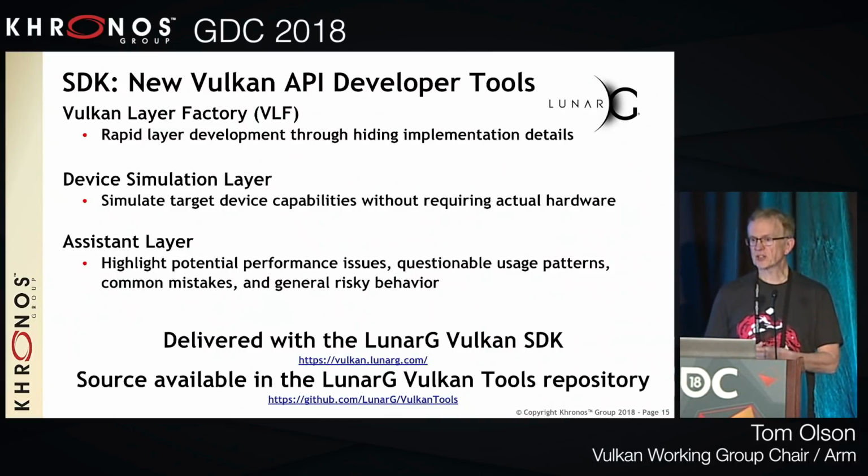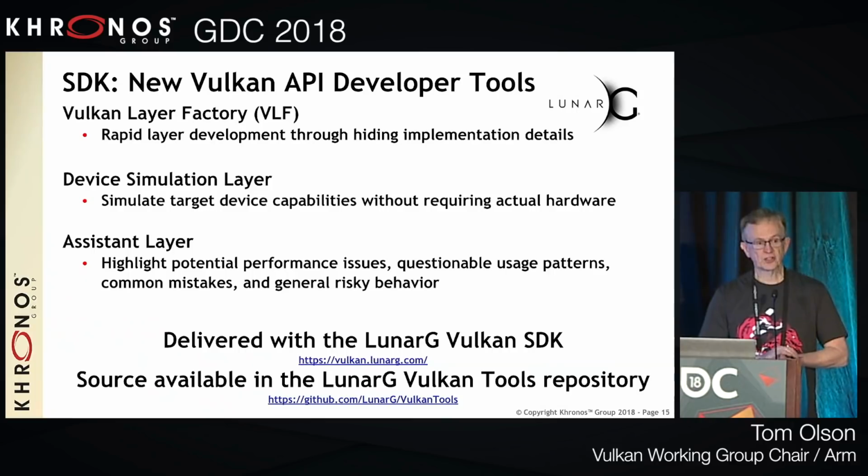So what the device simulation layer does is it allows a more capable device to load in a configuration file and pretend to be a less capable device, so that validation will catch anything you do that exceeds the limits or capabilities of the implementation that you actually want to run on. So that's kind of nice.